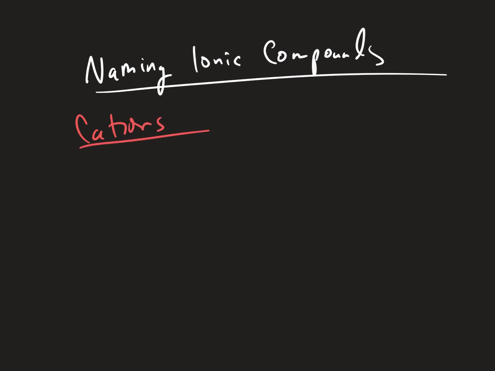And there are a few different types of cations. So the first type are the main group elements, or main group cations. And we just name them with the element name.